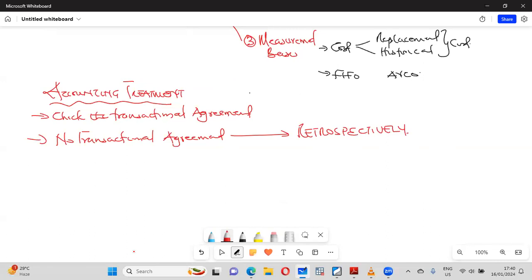Then you will realize that there will be an effect, obviously. So after you've done that, what you're going to do is adjust the opening retained earnings of the current year.